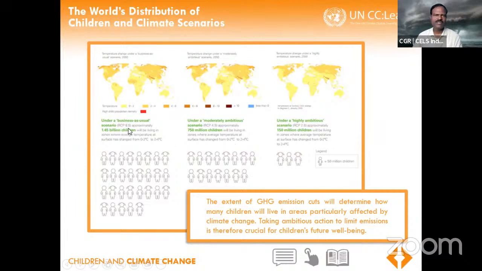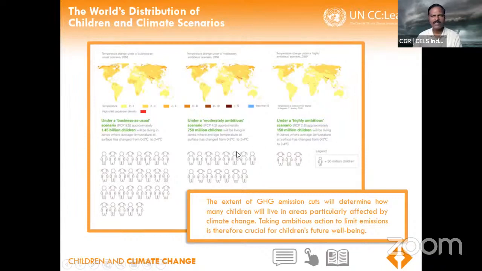If the business-as-usual scenario exists, meaning if we continue this global warming, the emissions and the impacts as per the present trend, then 1.45 billion children would be affected. That is one scenario.